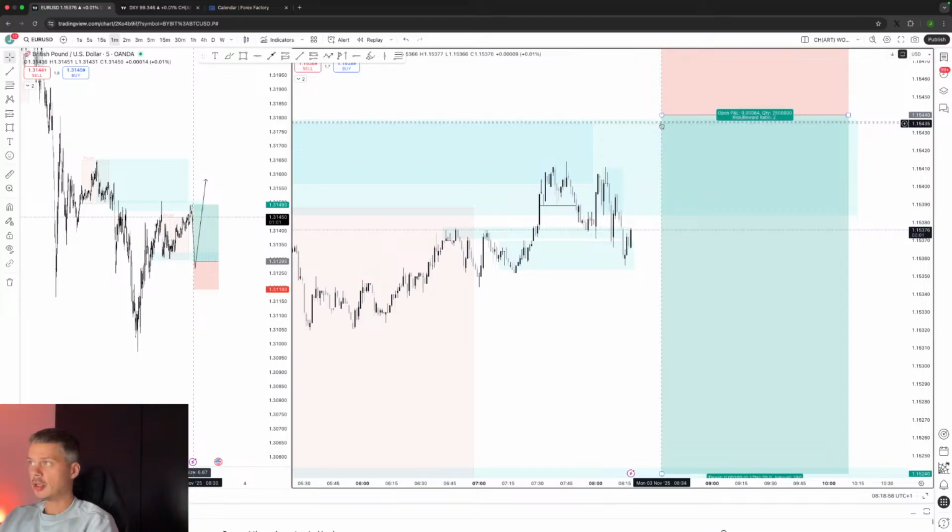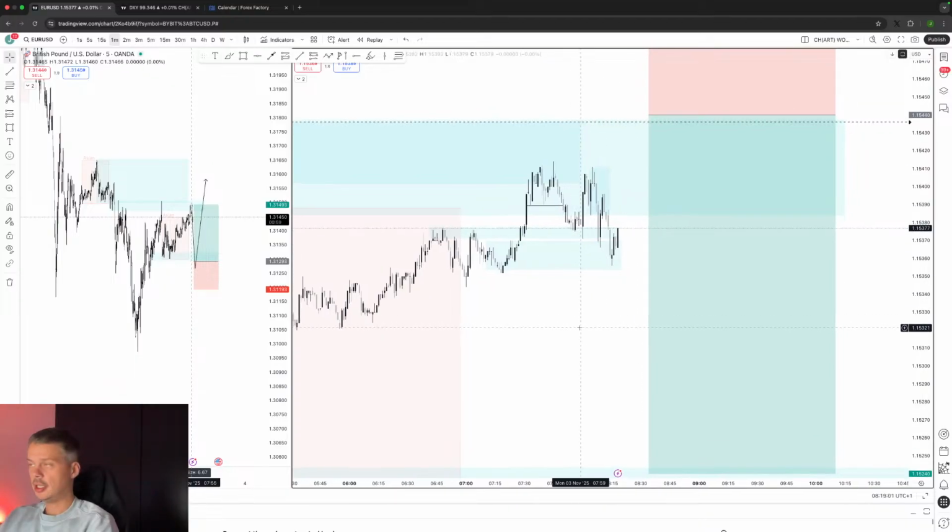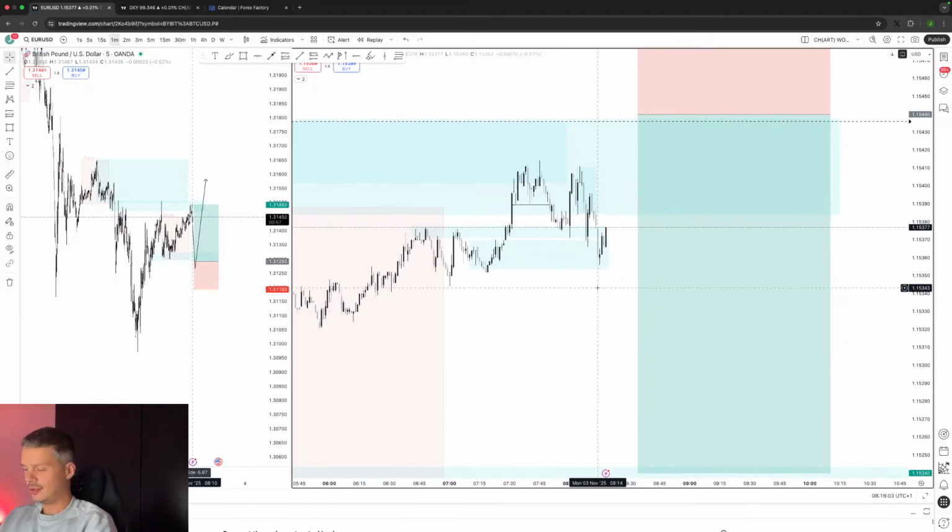The moment we're coming close to the entry, I'm obviously going to have a closer look on this pair, but if you want me to go over any other pair, just let me know. Other than that, I will be waiting.